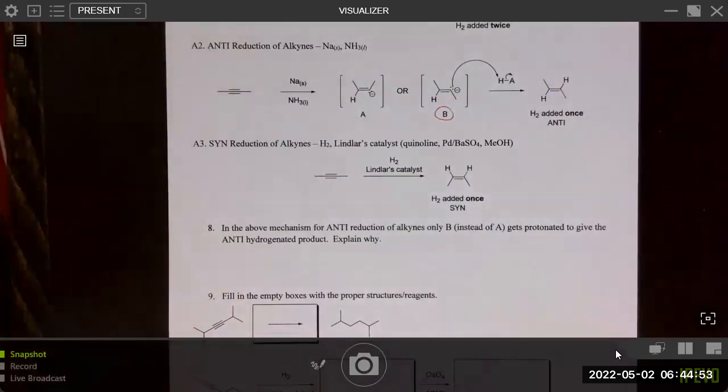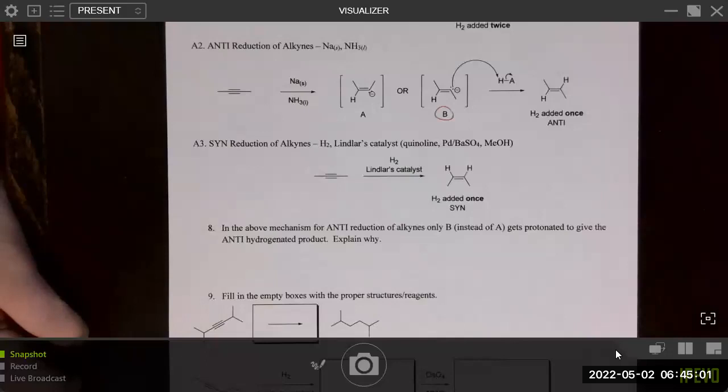So it says in the mechanism for the anti-reduction of alkynes, only B instead of A gets protonated to the anti-hydrogenated product. Explain why.